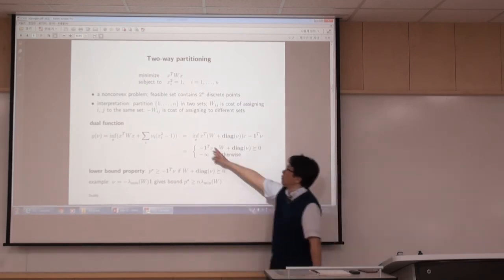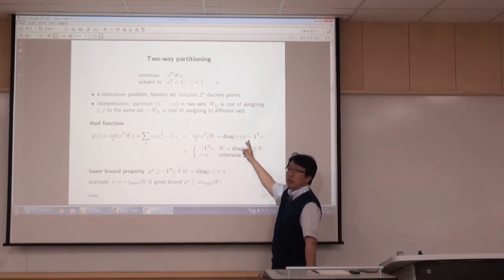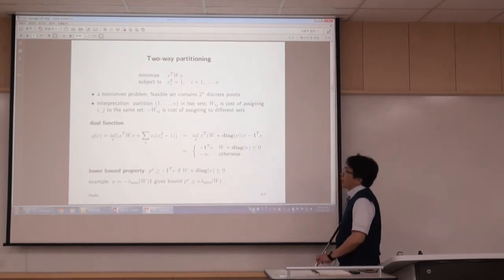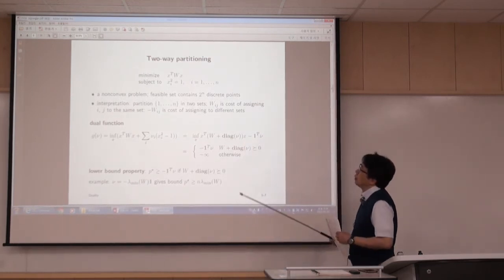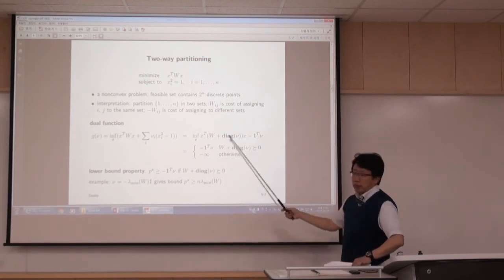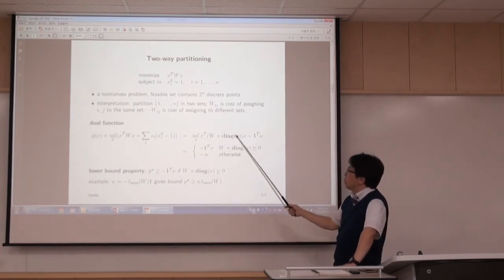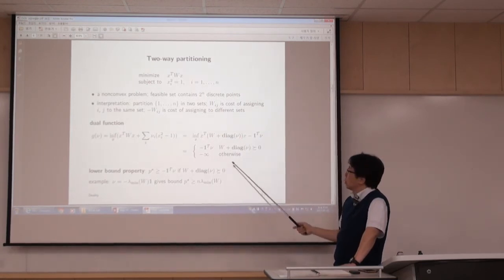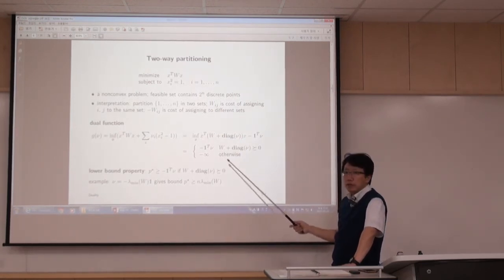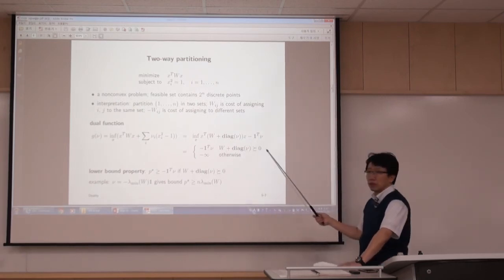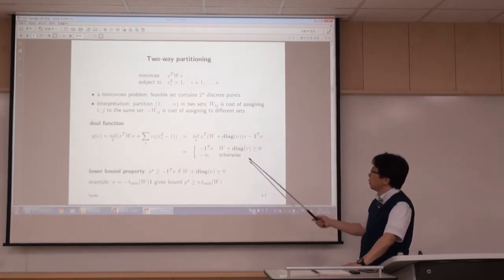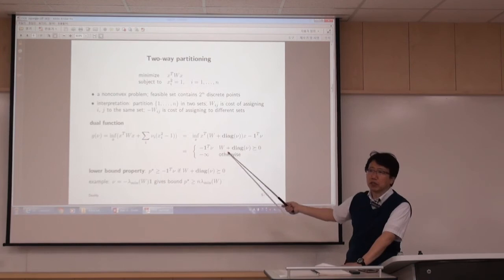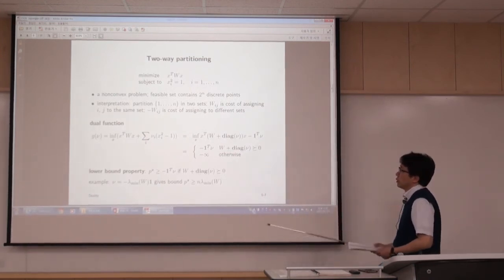Then we have negative infinity for that. Right? By the way, the constraint that W plus diag nu has all non-negative eigenvalues is the same as this condition. You can show that. Anyway, I may put it as homework. It's a linear algebra result.